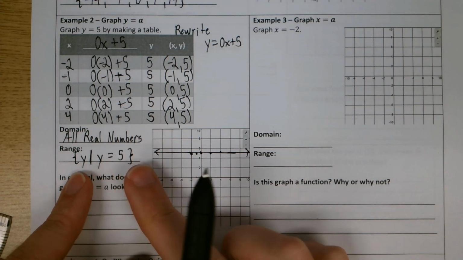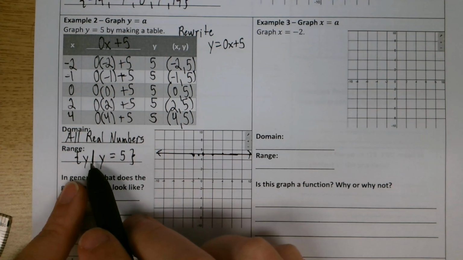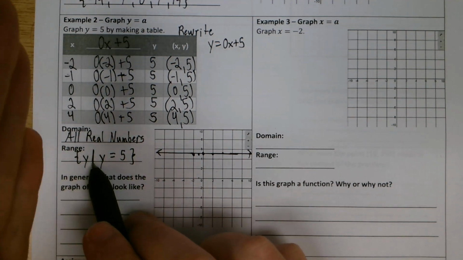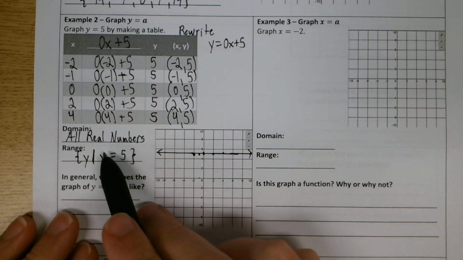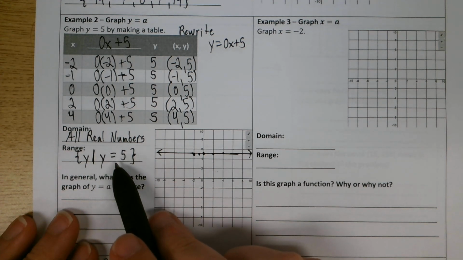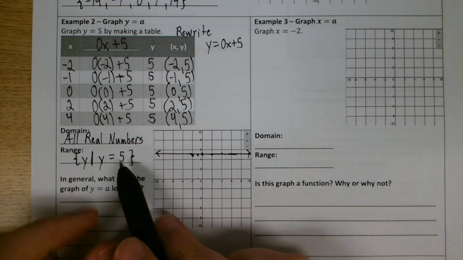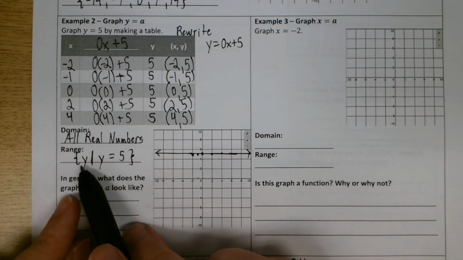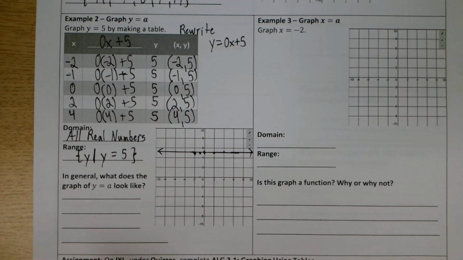Read it as y such that, where the vertical bar means such that, and after it is whatever rule we have for y. In this case, y equals 5. All y's such that y equals 5 is our range.